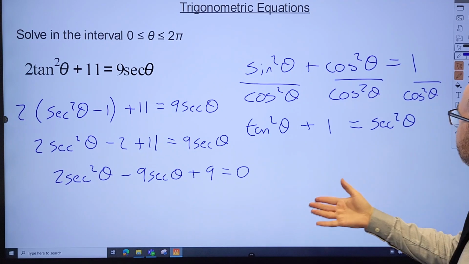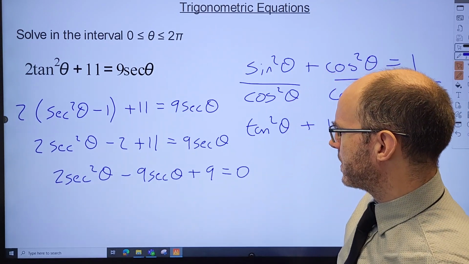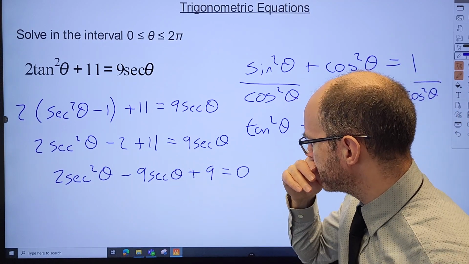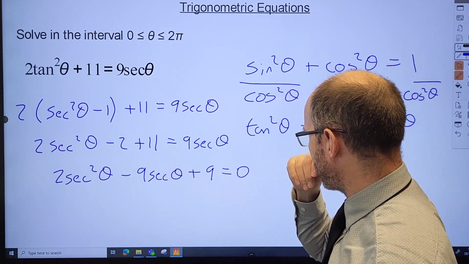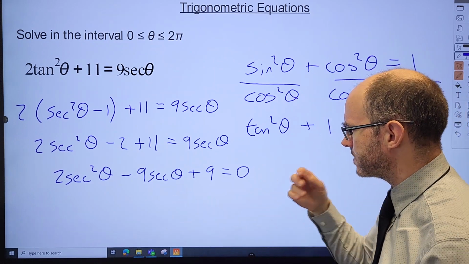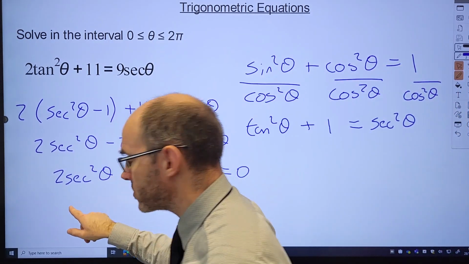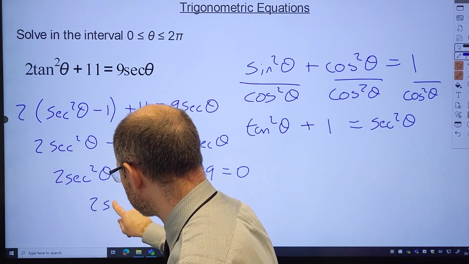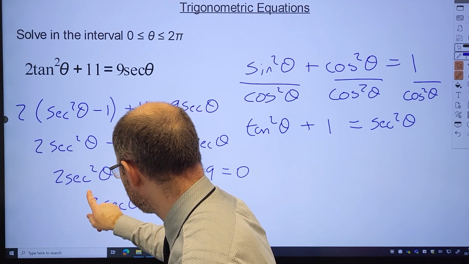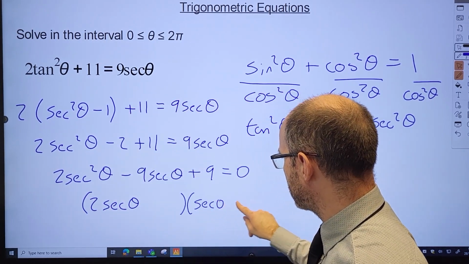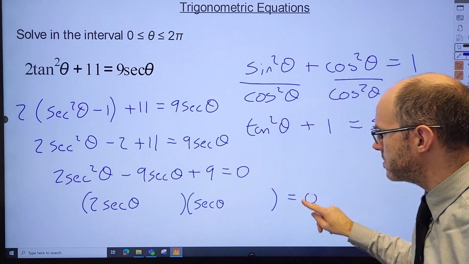And then go ahead and factorise that. If you were to factorise, 81 minus 4ac, so 81 minus 72, yeah, that will factorise. So I'll just check with the discriminant. That's my normal go-to to see if it will factorise or not. So 2 sec theta, and then sec theta equals 0.